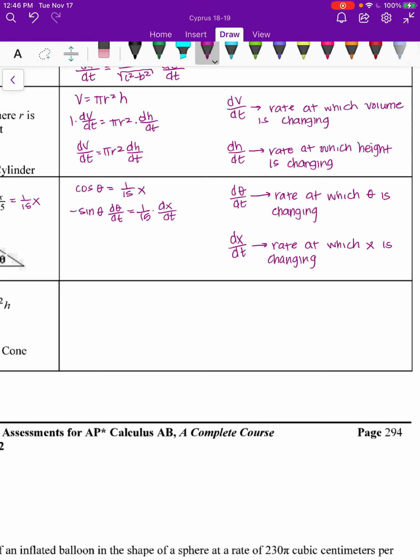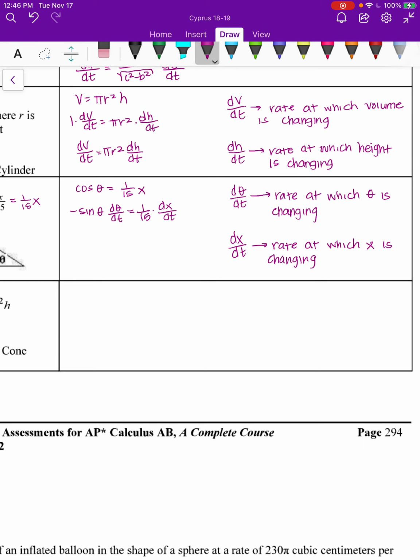Another way to think of this is really you're just taking the derivative as if the variable that's there is the variable we're in respect to, and then just always multiply by the derivative of that variable. So I took the derivative of cosine theta just as if theta was the variable that I was in respect to, just as if it were cosine of x, because the derivative of cosine x is negative sine x.